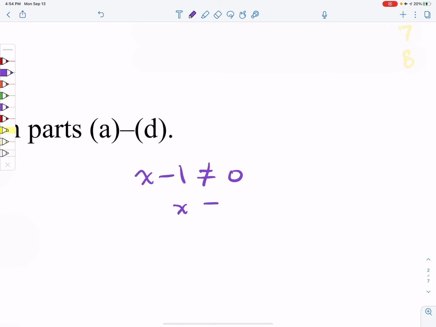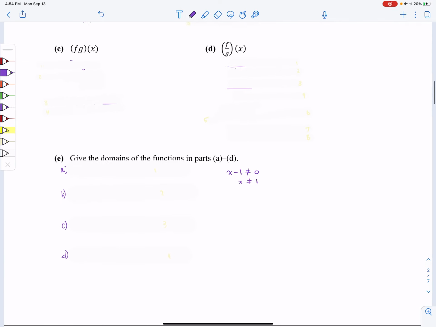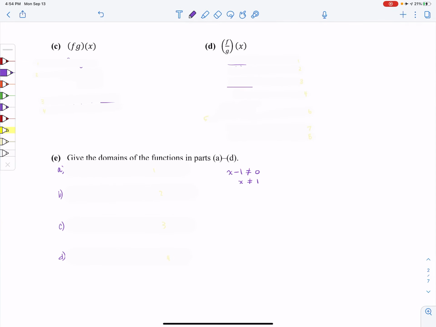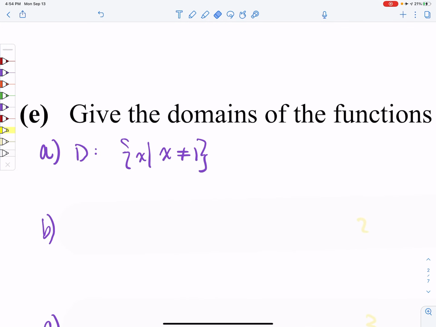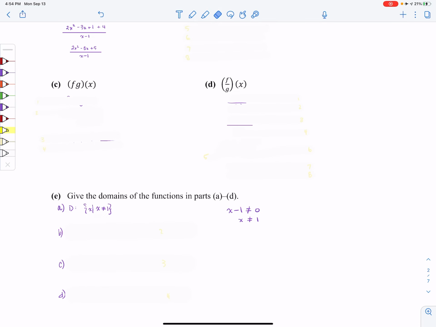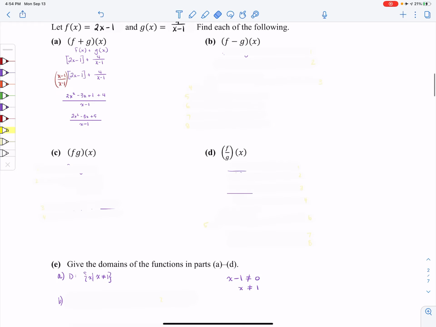And so we said that x cannot equal 1, because we're going to add 1 to both sides. So for part A then, what we've got is that our domain is x is not allowed to equal 1, and I went ahead and just simply wrote it in set builder notation. If you're asked to put it in interval form, you'll need to put it in interval form. All right, let's go to part B.